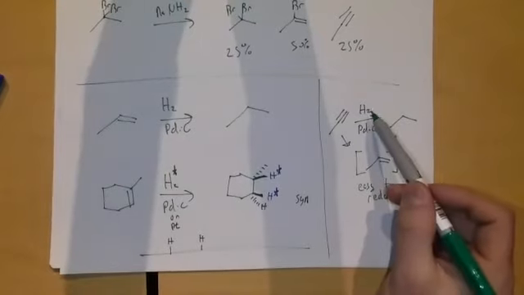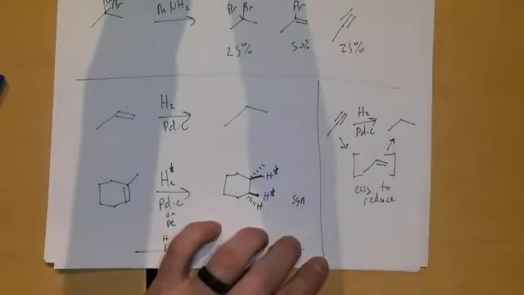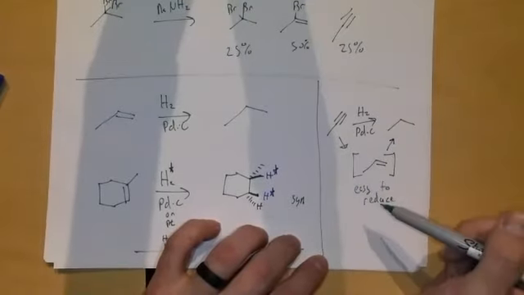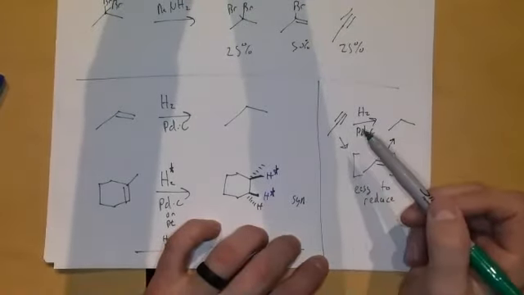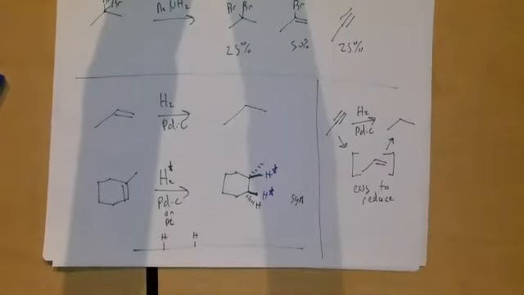H2 is a gas, which makes it very difficult to get one equivalent of. You essentially have to flood it with as much of it as you possibly can, because it's hard to measure out a gas in a container. So when you're dealing with H2, if you put it into solution with an alkene, it's going to give you an alkane. So what you have to do is add something called a poison catalyst.